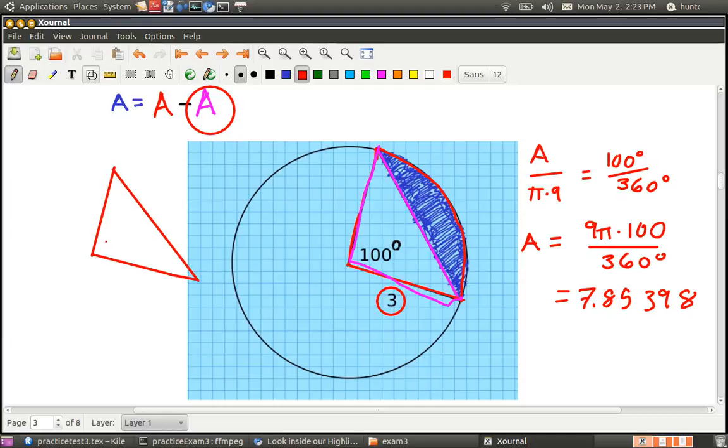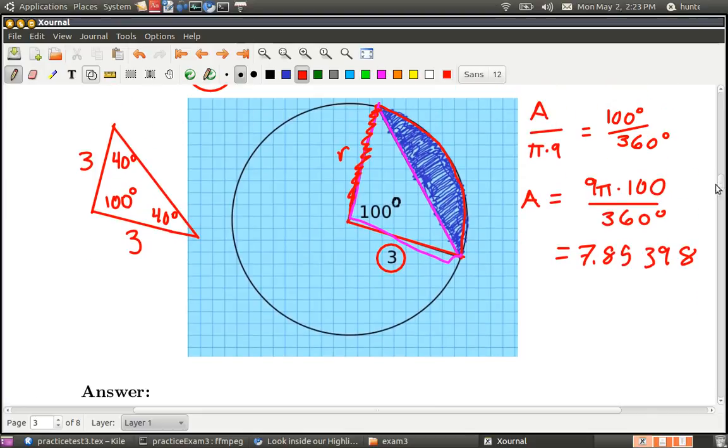So this angle is 100, and I know some things about this triangle because look, this is also the radius of the circle, right? This side is also the radius. So that means that this is an isosceles triangle. Okay, and since these two sides are the same, it means these two angles have to be the same. And since everything has to add up to 180, these two angles have to be 40 degrees.